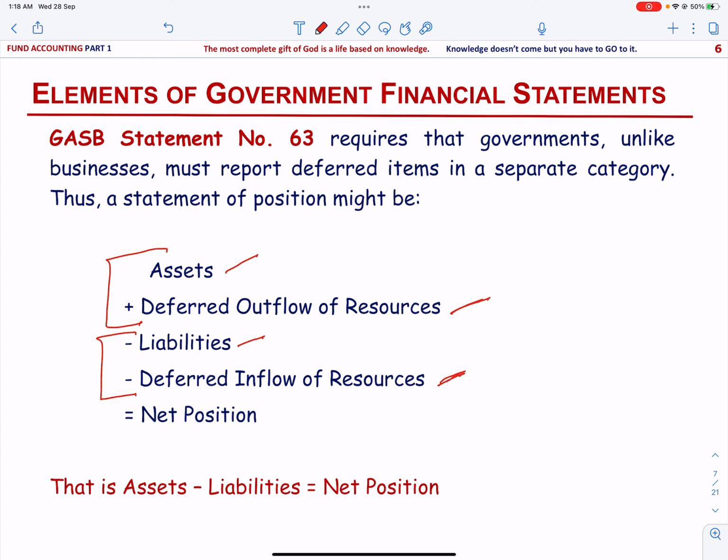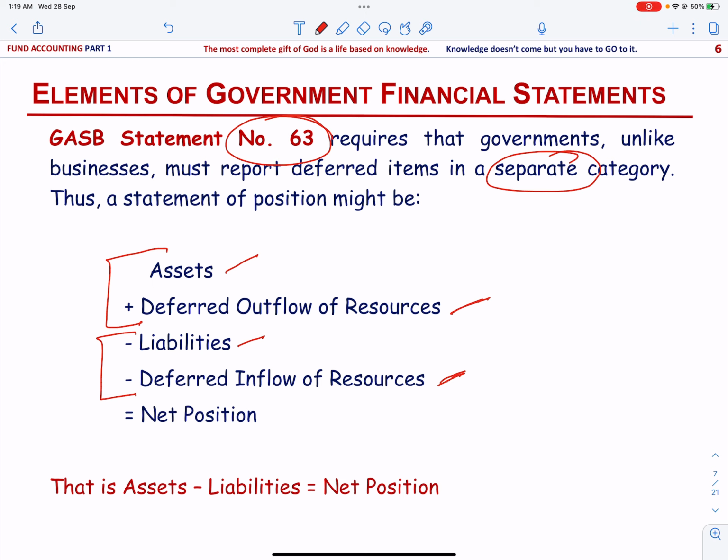So we record deferred outflow and inflow of resources separately because this is the GASB Statement number 63 requirement, and they are not really assets or liabilities, but they act like assets and liabilities.